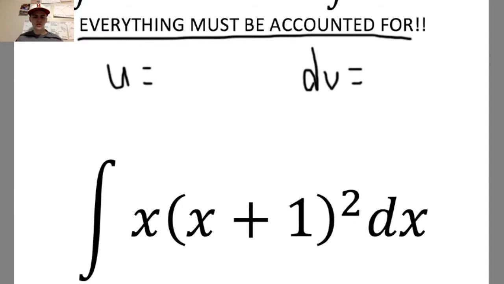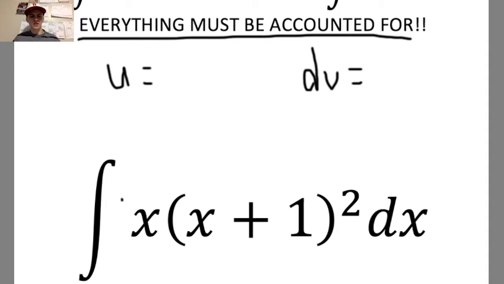If you used u substitution, you would put in x plus 1 as u, and then usually x or a constant like 4 dx as du. If this doesn't make sense, don't worry about it. I'm just explaining to the people who understand u substitution but may not understand this.